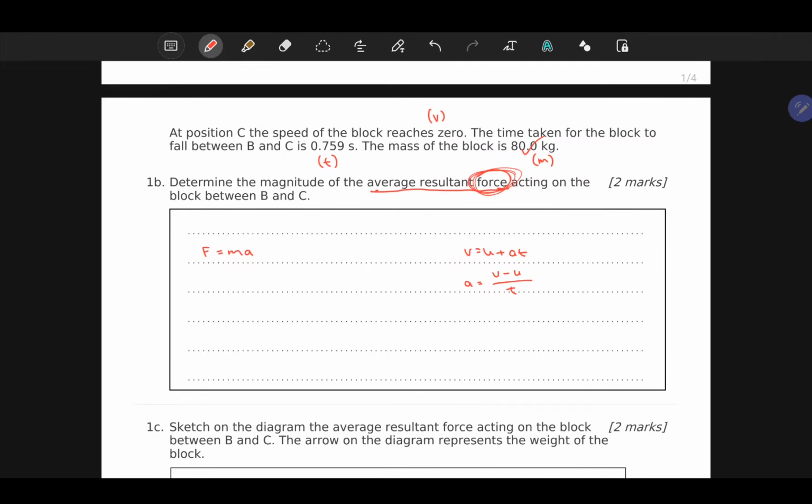And there we go. Now we have all the parameters that we need to solve for the resultant force acting on the block. So let's go ahead and do that. I write out everything first in terms of variables, in terms of letters, and then I plug in as my final step. So let's plug the values in. 80 kilograms, it's in the right unit, so we'll write that as it is. Final velocity is 0, minus initial velocity.